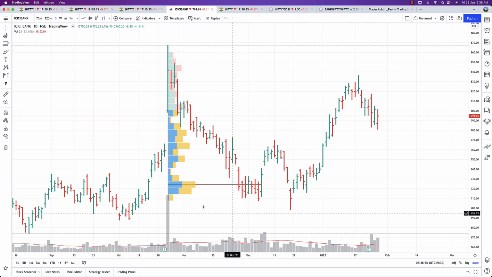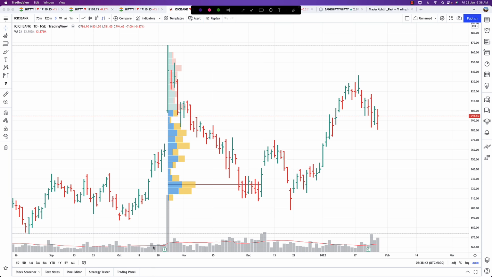Once I do this, you can notice that down there on the volumes, our point of start is this point all the way down to this point. We can clearly see that this is the zone where volumes were distinctly above the monthly average throughout.